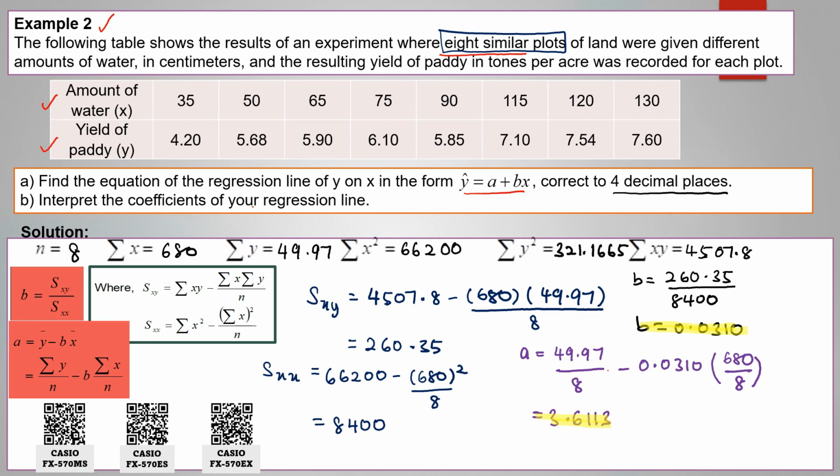Now we need to write our linear regression. So our linear regression would be y hat equals 3.6113 plus 0.0310x. So this will be our regression line.